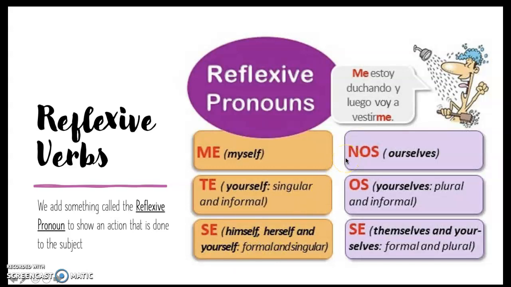For nosotros or nosotras, we add nos, something we do to ourselves. Vosotros, vosotras, os. Remember that this form is used in Spain. And then ellos, ellas, ustedes also use se to show an action is done to themselves or yourselves.